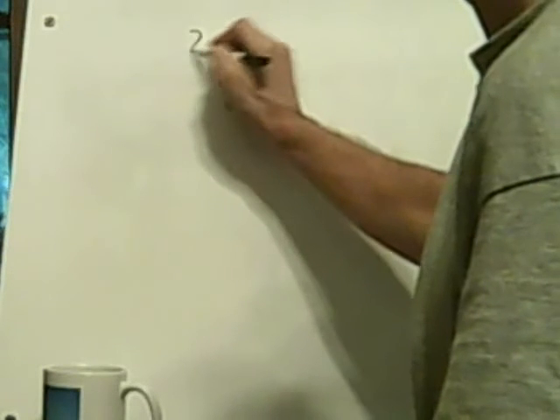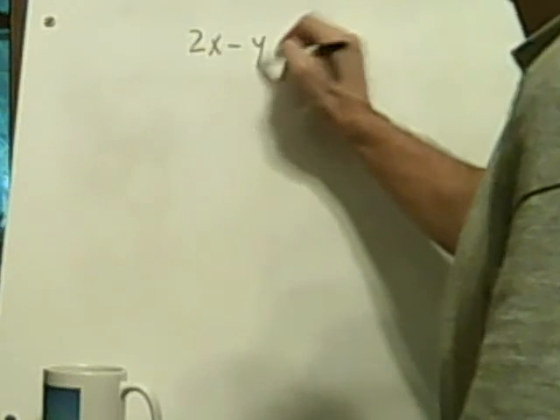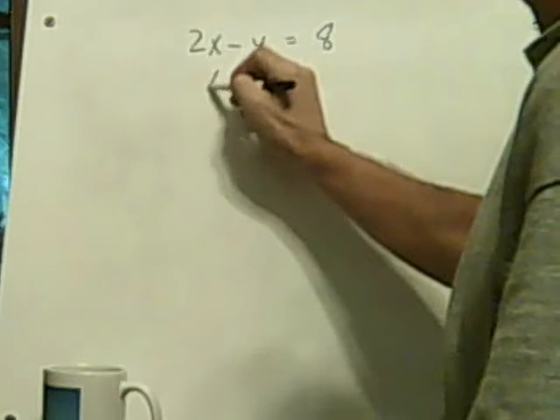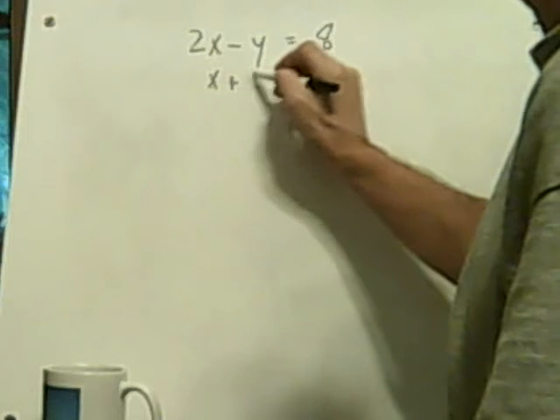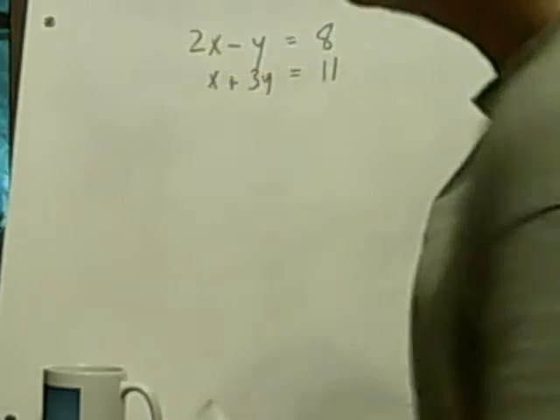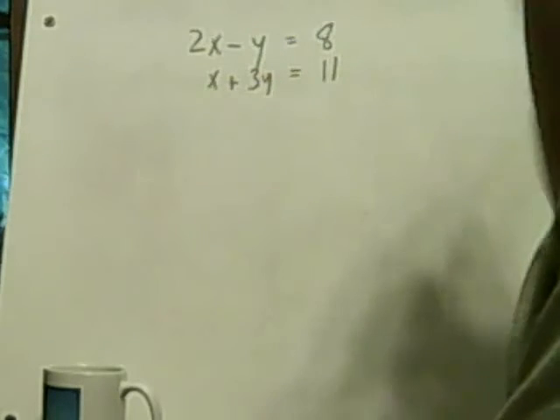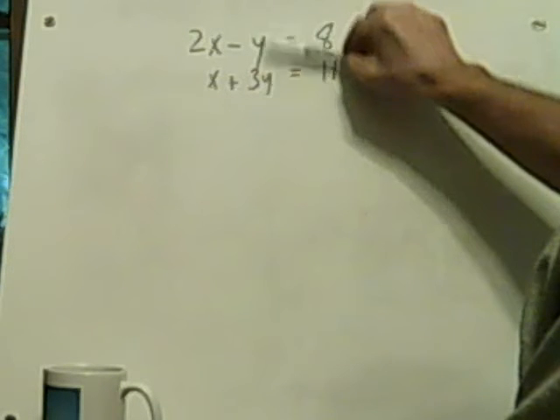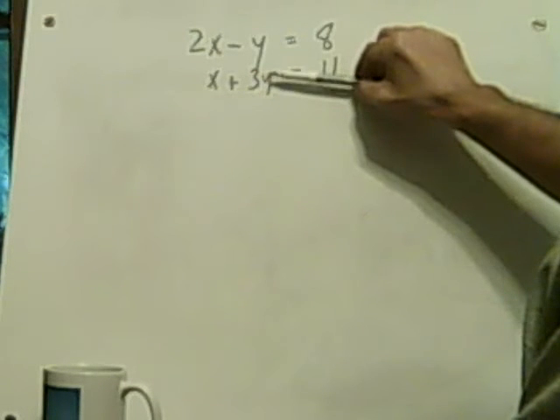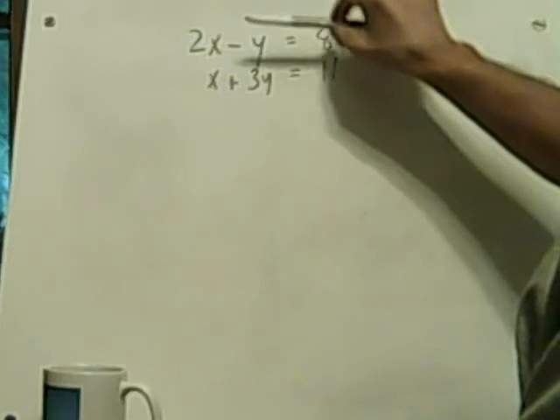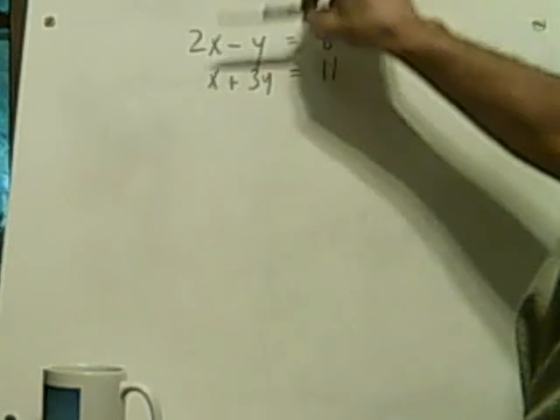The equation we have is 2x minus y equals 8, and x plus 3y equals 11. Now, we've already done these on previous sections, and we did them by solving first for one variable, then plugging that variable back into another equation to solve for the other.